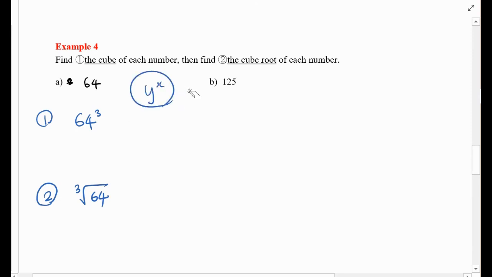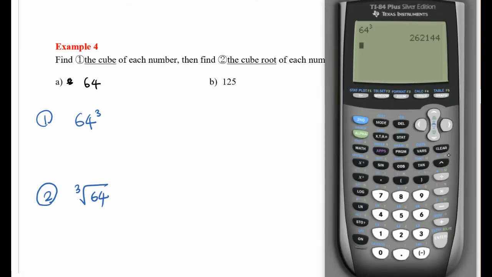So you can use either one to put an exponent into your calculator. My calculator has this button. So 64 to the power of 3 is 262,144.